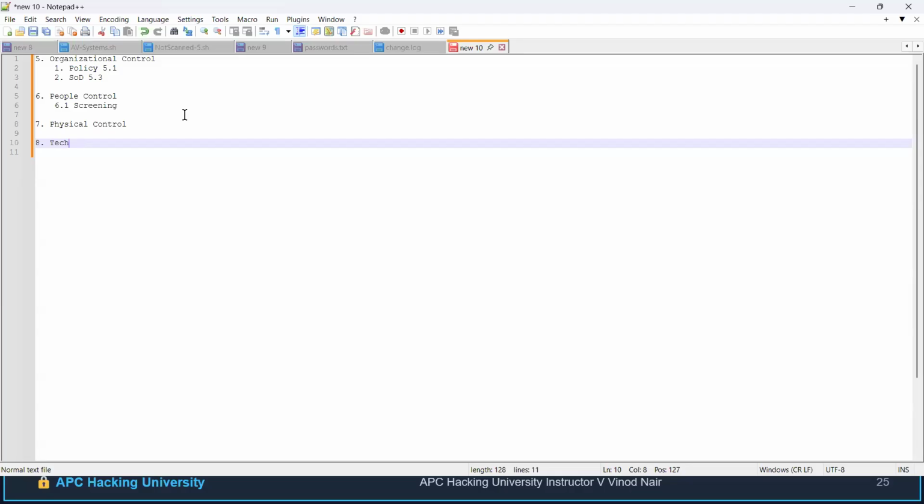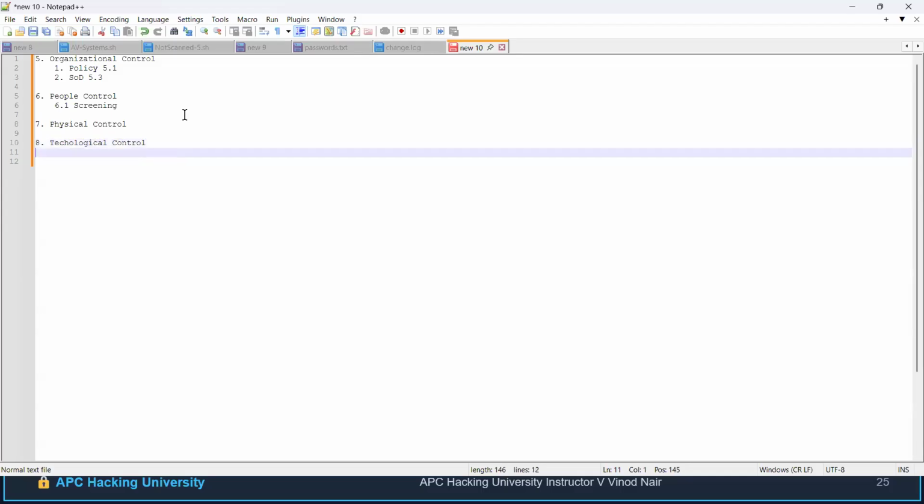Asta? Ashwini, am I audible? Yeah, Vinod, you are audible. Okay. So we have four controls: organizational, people, physical, and technological.